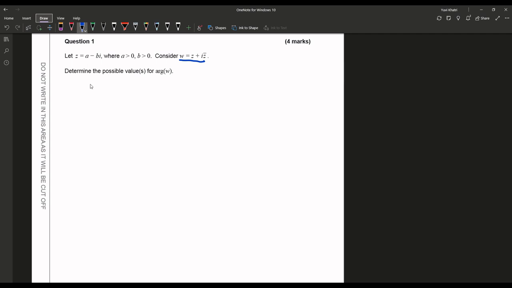So first, let's just write out w, which is z, which is a minus bi, plus i times the conjugate of z. Remember that the conjugate of z, you need to flip the sign of the imaginary part, so the conjugate of z will be a plus bi. Now let's just expand and simplify this.